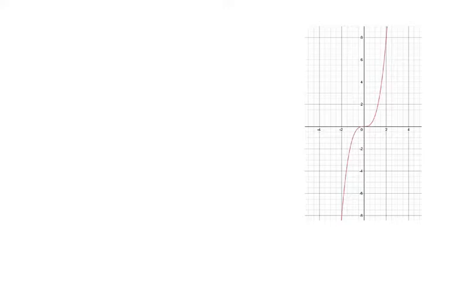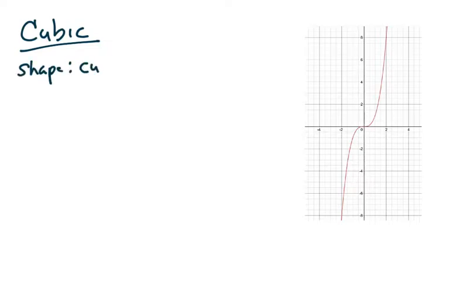Let's move on. This is the function to the right here, called the cubic equation or cubic function. Okay? And I'm not sure, we'll call this shape a cubic, so the shape is a cubic. We'll notice that this sort of has y-axis symmetry, but it has really 180-degree symmetry.